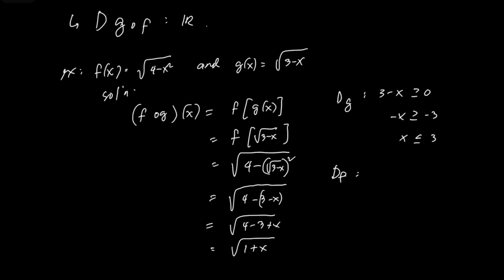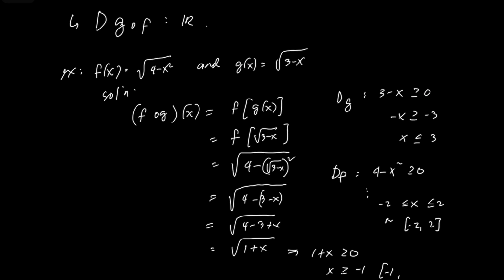How about the domain of f? The domain of f, okay, it should be 4 minus x squared must be greater than or equal to 0. And from our previous lesson, this is between negative 2 and 2, or you can have negative 2 to 2. Now take note that for this one here, let's say 1 plus x greater than or equal to 0, x must be greater than or equal to negative 1, which is from negative 1 to positive infinity.